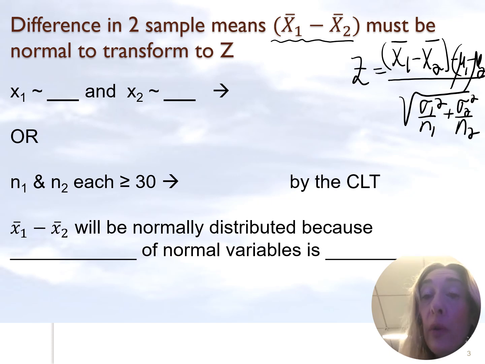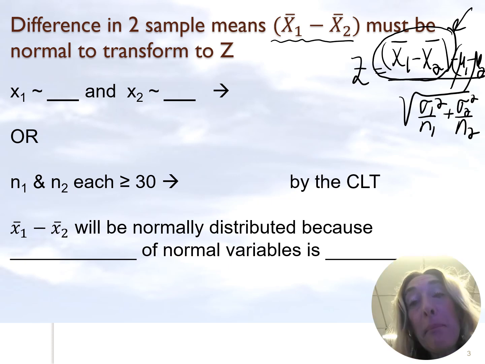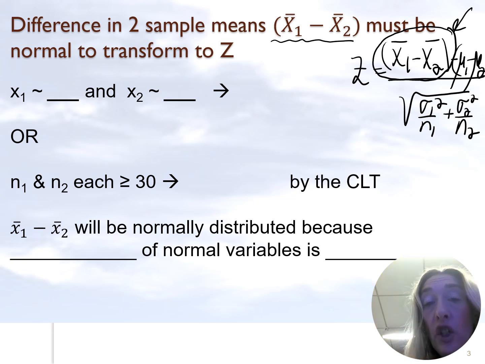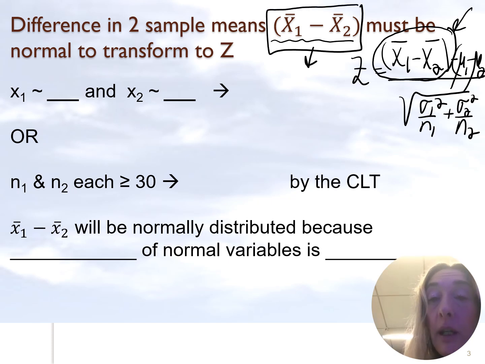We must know that the difference in those two means is normally distributed, right? In order to transform any random variable to a z random variable, it must be normally distributed. So the question is, under what conditions will this quantity be normally distributed? That's the question. These are the possibilities.